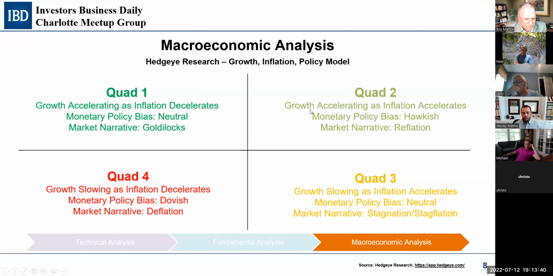And one reason why it's important to understand this environment is because this is going to inform what the Fed is going to do. So if we can have a handle on what the macro environment is, we can understand when the Fed is likely to pivot, or just change course in general.